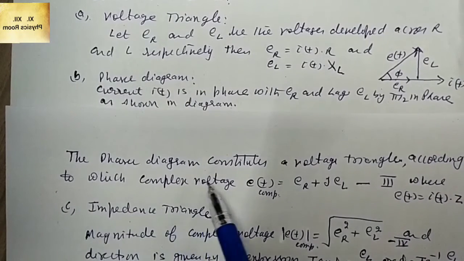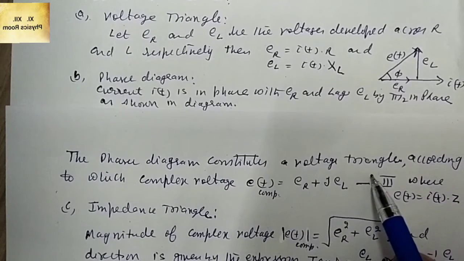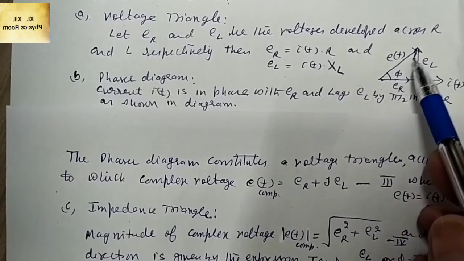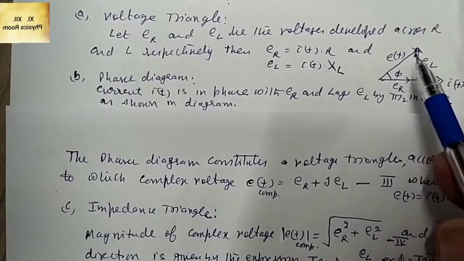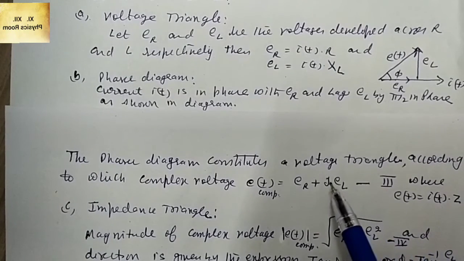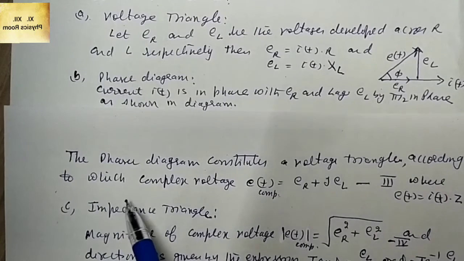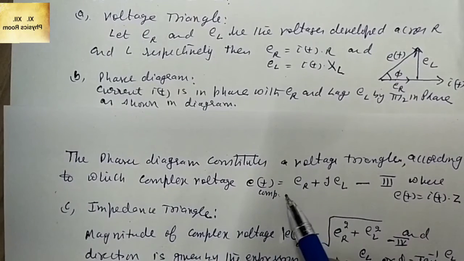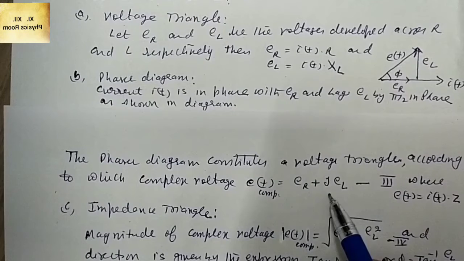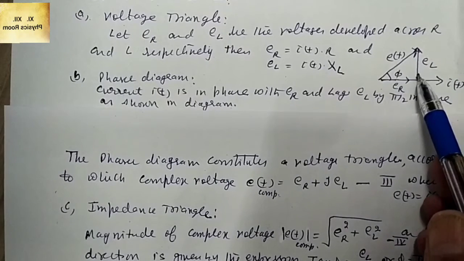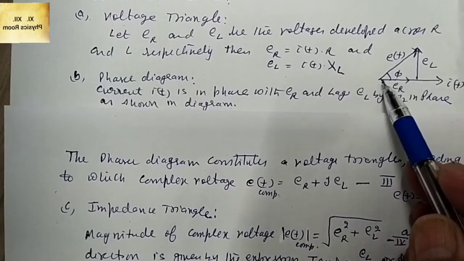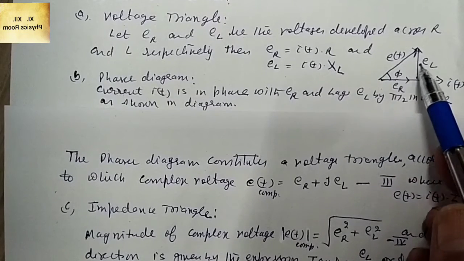The phasor diagram constitutes a voltage triangle, according to which the complex voltage E(t) is equal to E_R plus j times E_L, according to the triangle law of vectors.